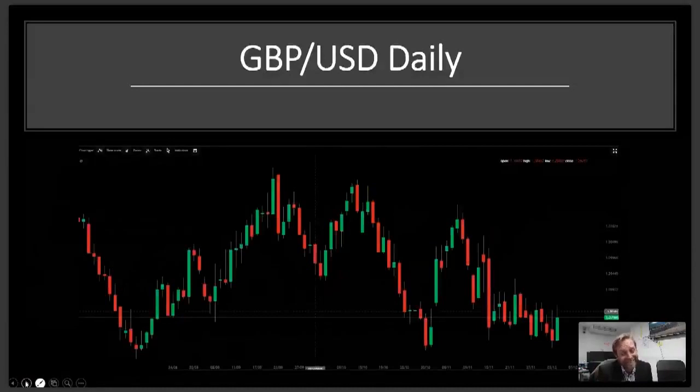Let's face it, that pair is having a lot of fun at the moment. So we have a downtrend, and then a bearish candle gets totally engulfed by a bullish candle. And guess what? The direction does indeed change.